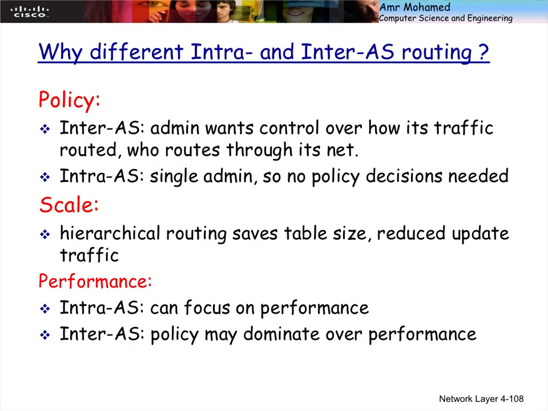So this is like a summary. Why different intra and inter autonomous system routing? As we said before, one thing is because of the policy. Sometimes the interconnection between the autonomous systems is actually dominated by the policy and not by shortest path and metrics and what we have discussed before. Also for scalability.